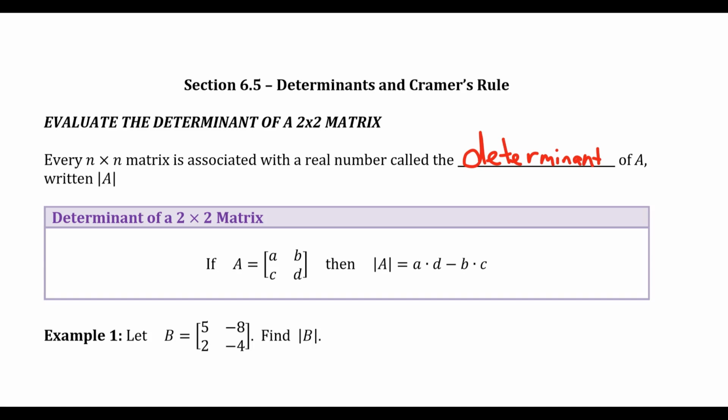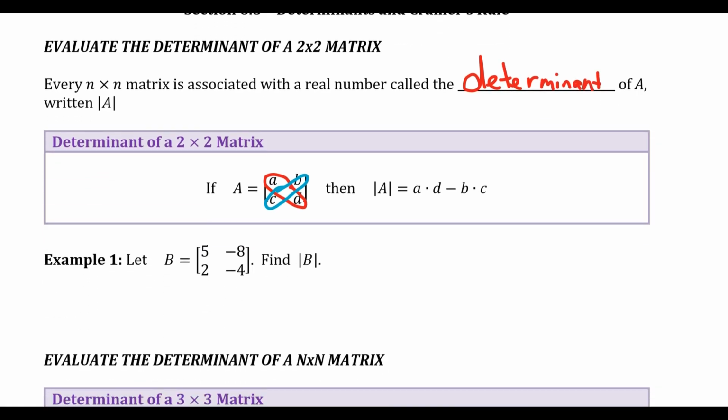When we're looking at the determinant of a 2 by 2, we're going to have these four numbers in here, and we're going to take this diagonal, what we call the forward diagonal, minus the back diagonal. Okay? So let's look at an example.